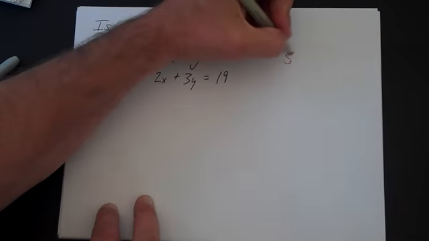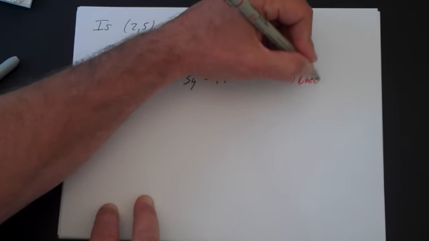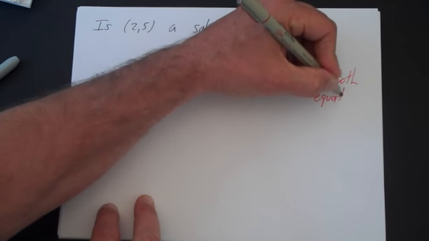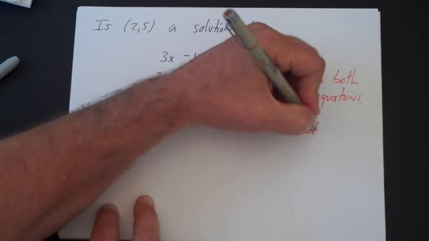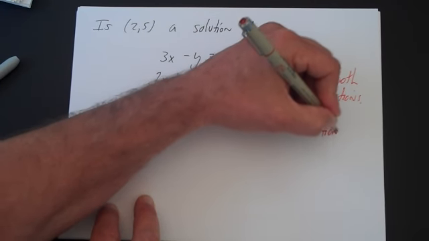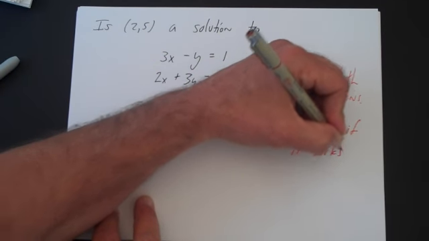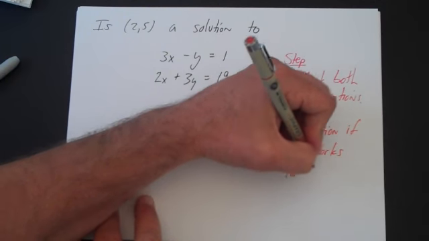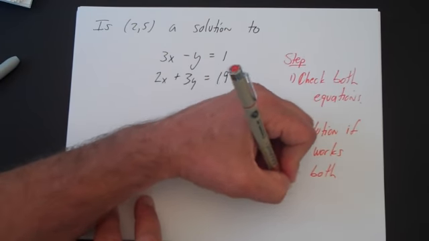Your steps are to check both equations. And it's a solution if it works for both. If it works or checks for both. Otherwise, the answer is no, it's not a solution.